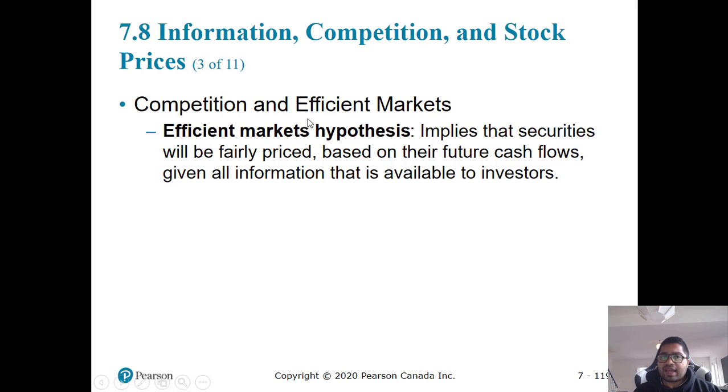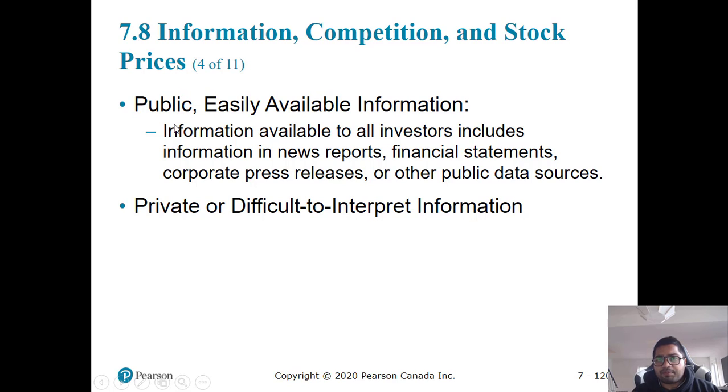Next is the efficient market hypothesis. It implies that securities will be fairly priced based on their future cash flows, given all information that is available to investors. There are different levels of market efficiency.